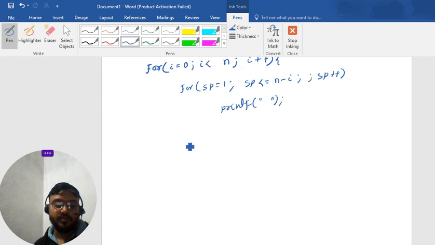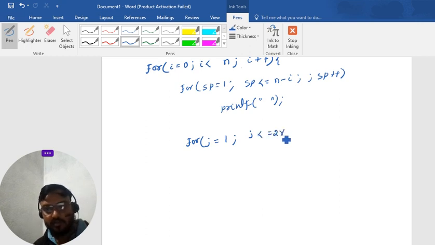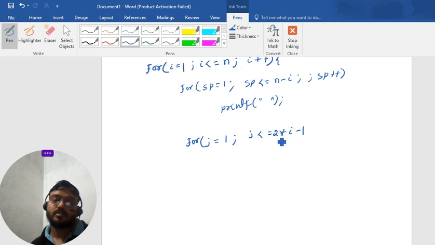I printed the space. Now I need to print the star. For j equals 1, j is less than or equal to 2 into i minus 1, because 2 into i, so it needs to be 2 minus 1, that is 1.